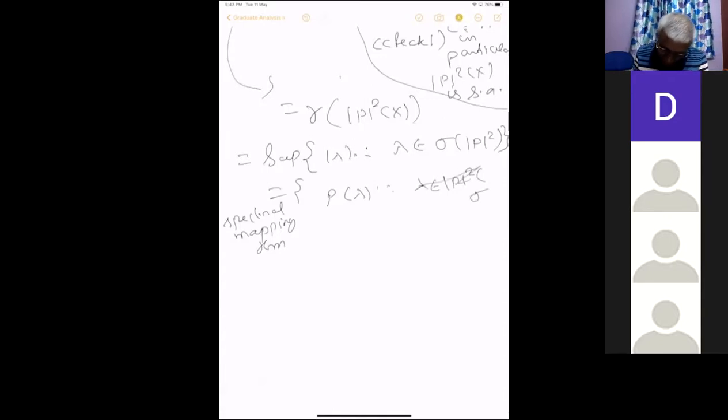It is just the supremum of lambda for lambda in that set, and which is the same as |p|^2 of sigma of that. I'm just following one step.